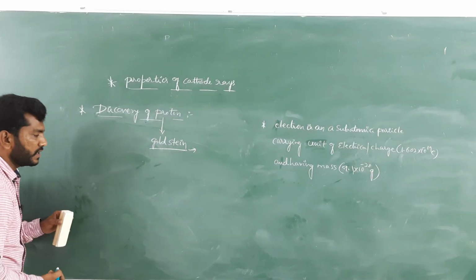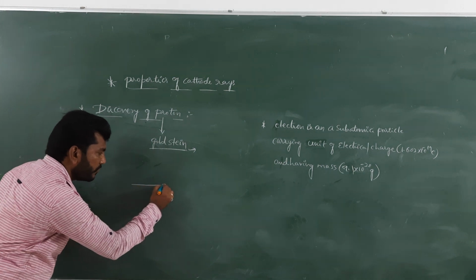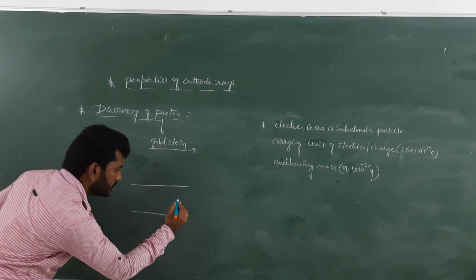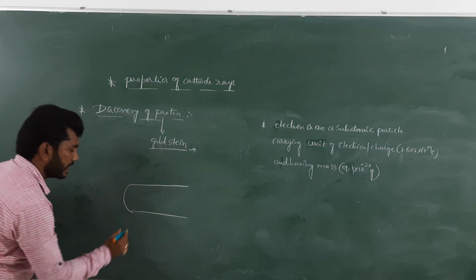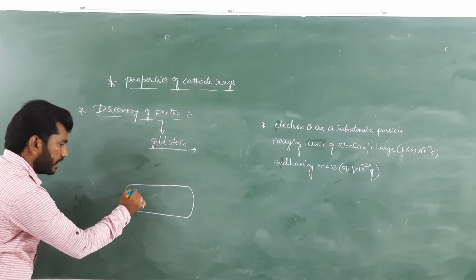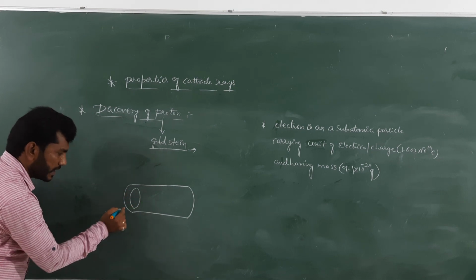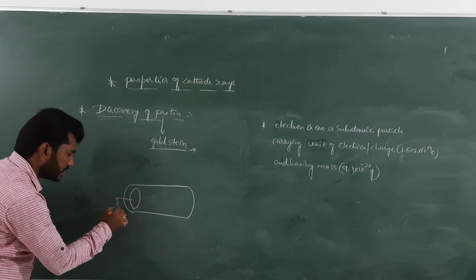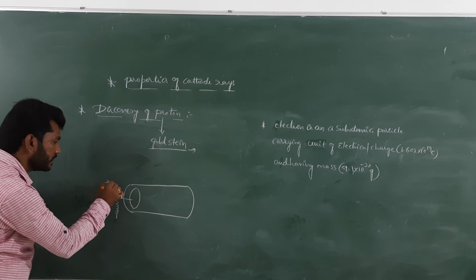I'll draw one diagram, that is a discharge tube, the modified discharge tube. The discharge tube is made up of glass, and it has one electrode, which is called the anode, guys.